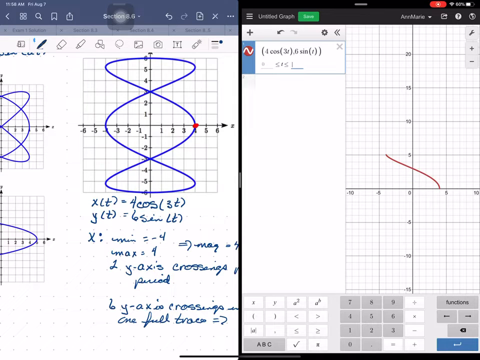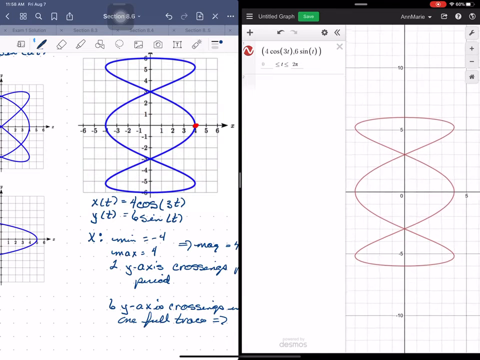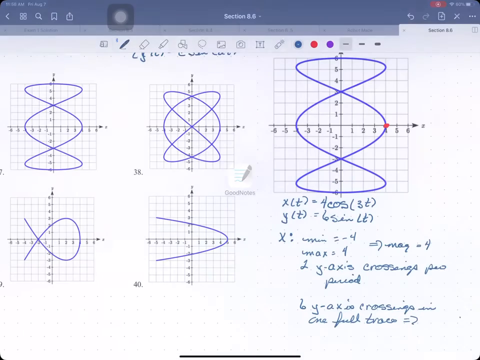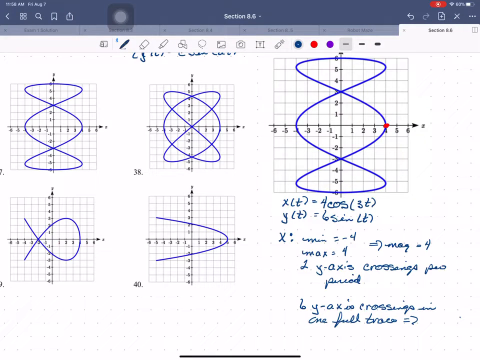And we need to go from 0 to 2 pi. And sure enough, I got the right thing. So this is actually easier because what we're doing is we're counting the number of crossings, and that gives us our internal multiplier. Okay?